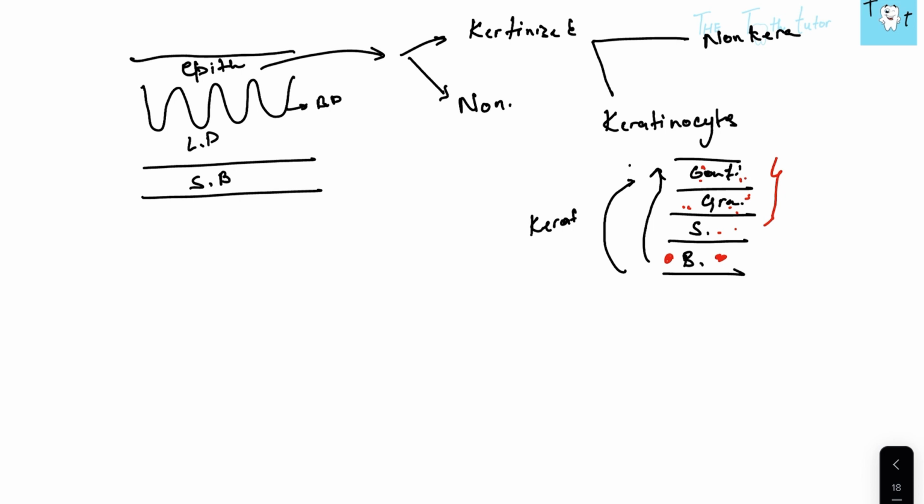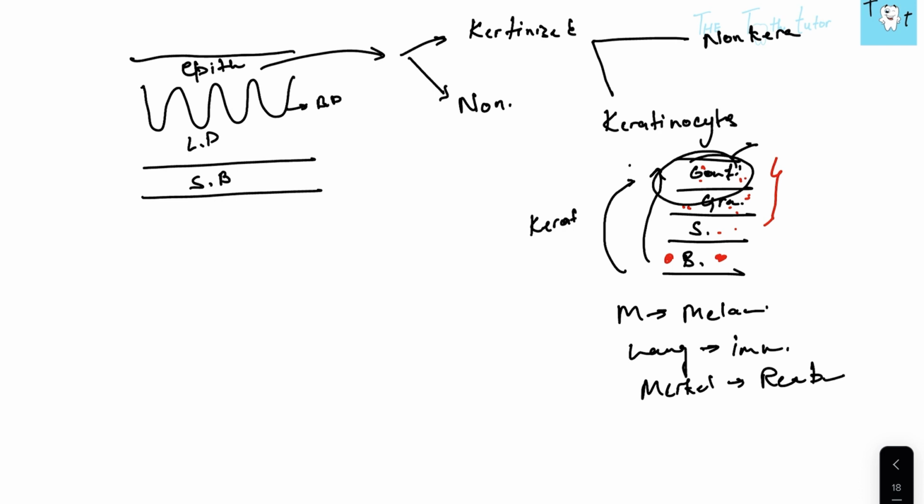Non-keratinocytes had different functions. Melanocytes produced melanin, Langerhans cells had an immunity function, and Merkel cells had a receptor function. Now the cornified layer was ortho or parakeratinized. The orthokeratinized had no nuclei, but the parakeratinized had some nuclei remains in there.